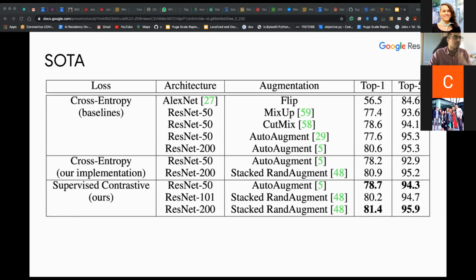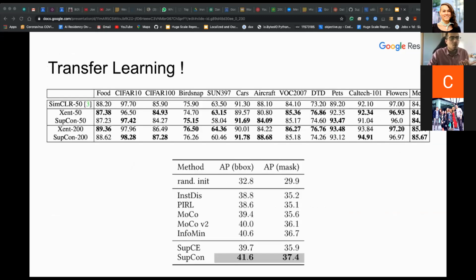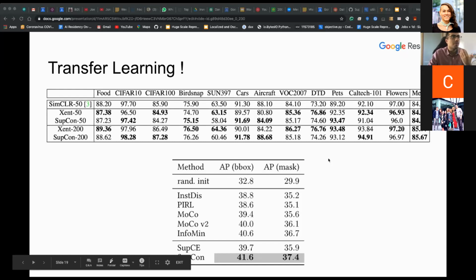Right. So all of this is on ImageNet. The question is, the entire point of doing all of this is, can you actually generalize? And by generalize I mean generalize on different data sets. So we have this transfer learning benchmark, which is the VTAB benchmark. We choose a small number of tasks.